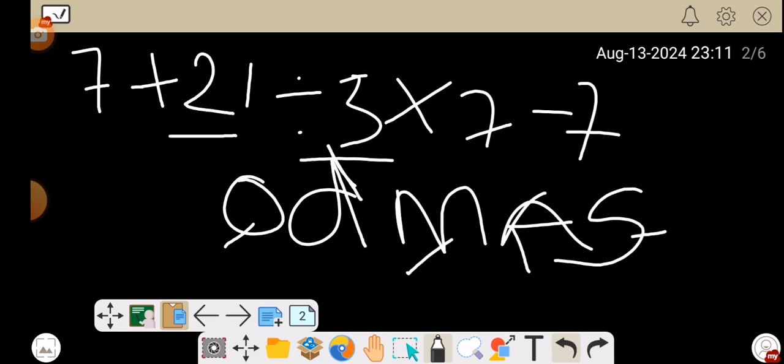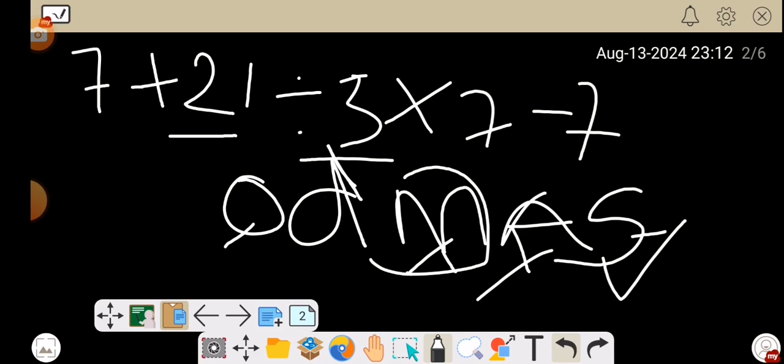From there, we will see if there is any multiplication. Multiplication is going to be the second thing, which is here. After multiplication, we will add, and lastly we will subtract. So let's follow our same order, which is BODMAS, and see how we handle this.